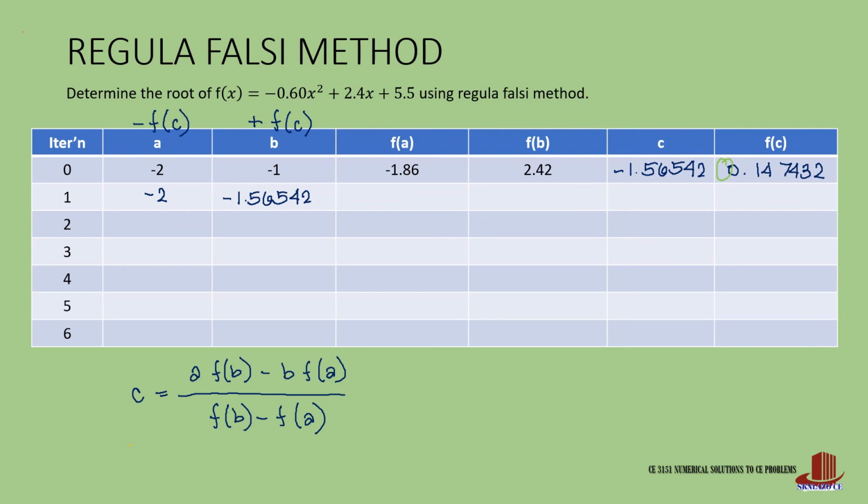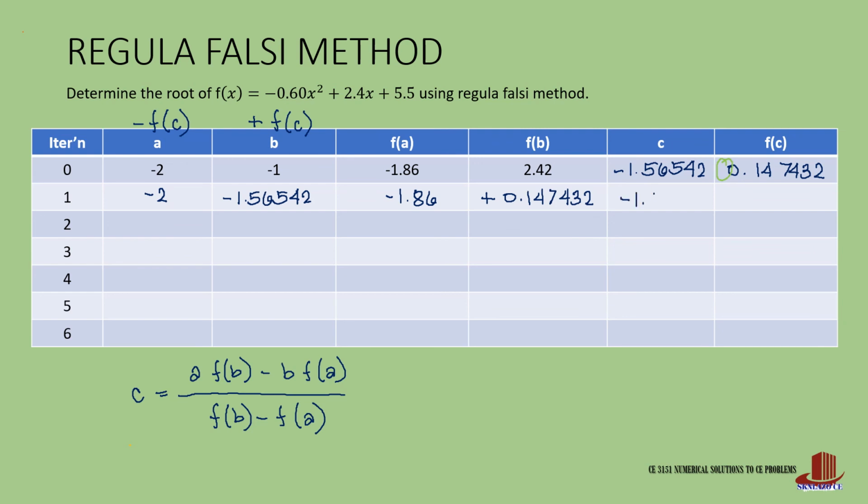With negative 2 as a, our f of a would remain as negative 1.86. Our f of b would be from f of c, taken as 0.147432.